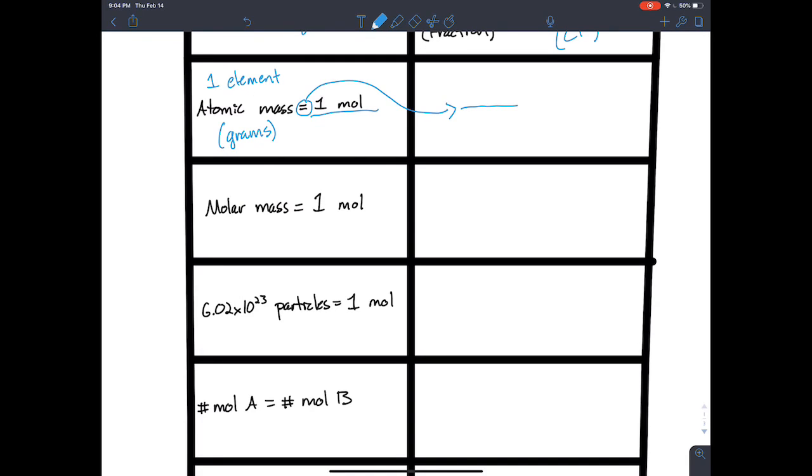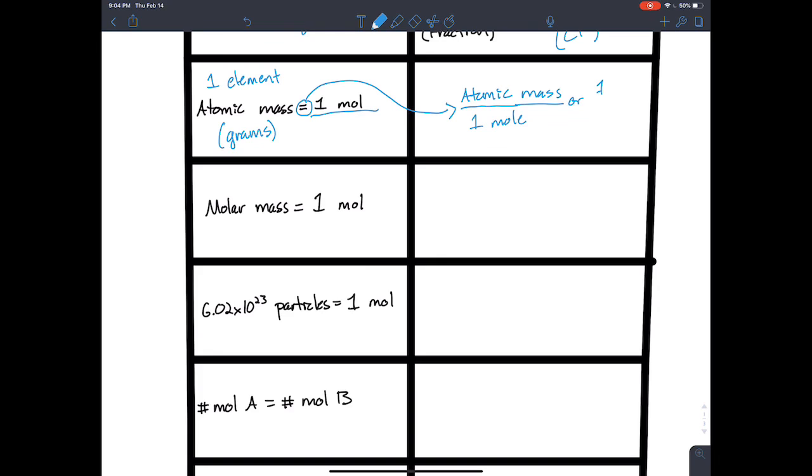I don't know if that's the right word for it. So you have the atomic mass per 1 mole. The abbreviation for mole is just take off the E, so you might see me do either one, just so you know.